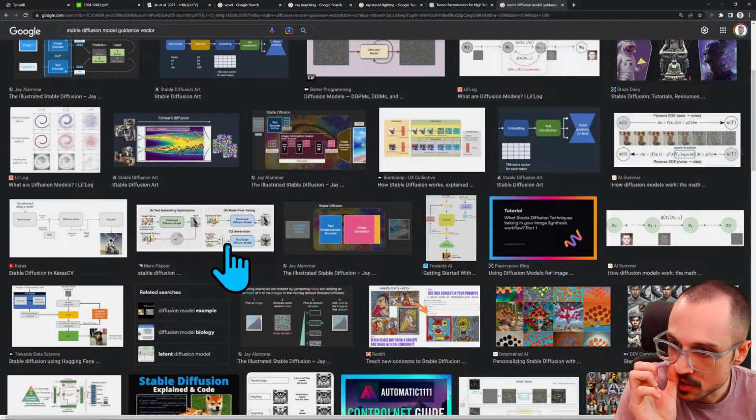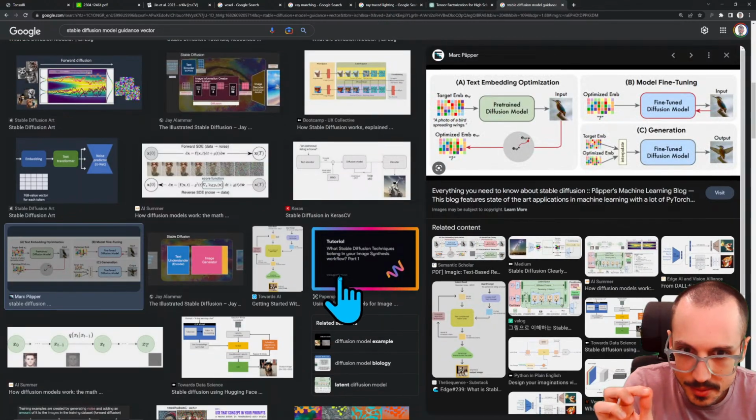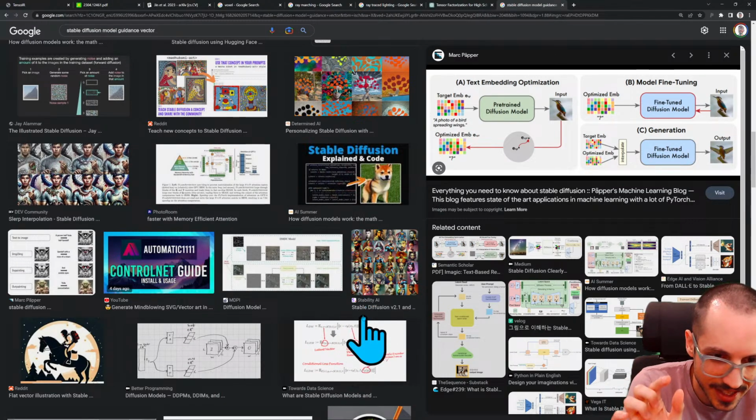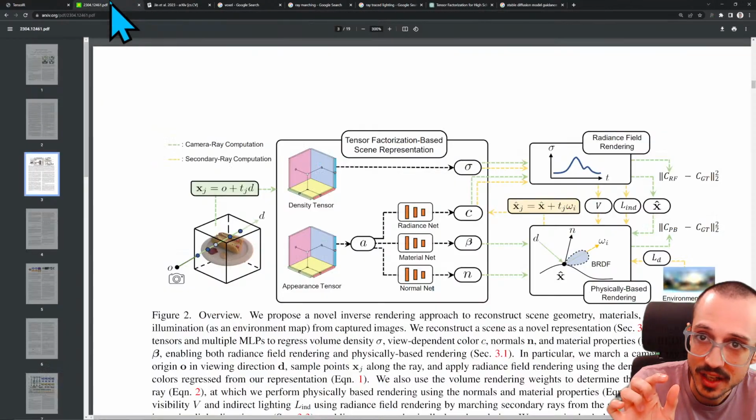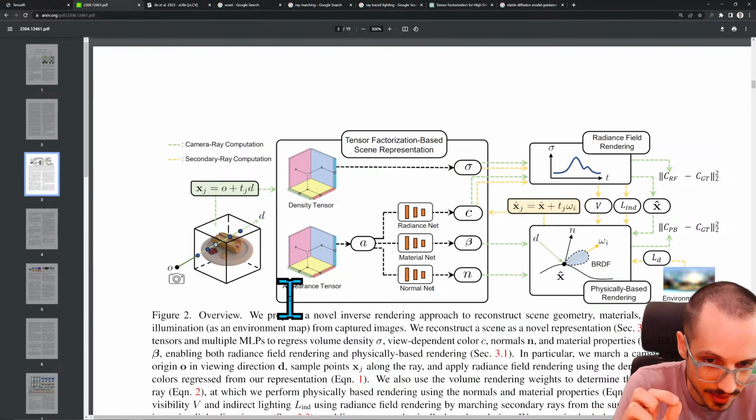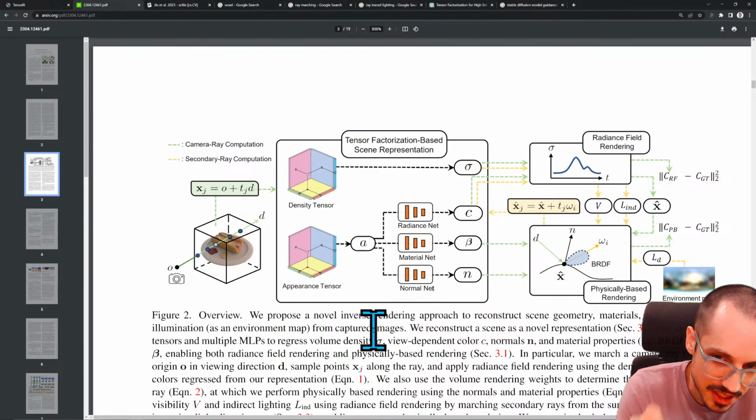You take your text, convert it into a text embedding vector, and then condition your generation on that text embedding with a guidance weight. You could do that same exact thing here. You could condition this entire pipeline on a guidance weight coming from a CLIP model.